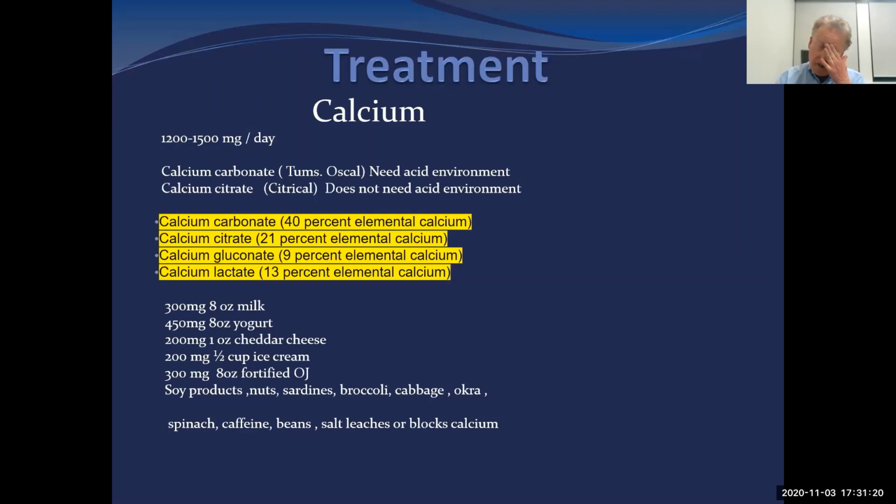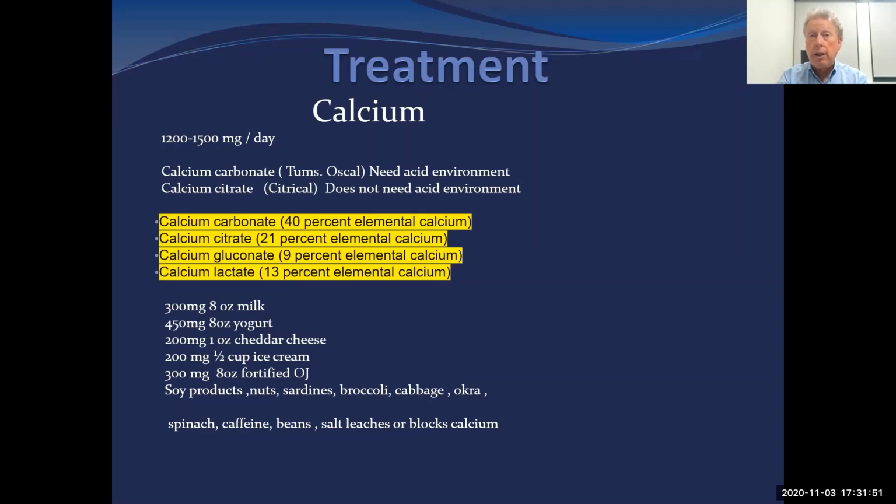To get enough calcium through your diet is not easy. As you see here, just a smattering of things that have calcium in them. Eight ounces of milk gives you 300 milligrams of calcium. Well, you'd have to drink a lot of milk to do that. Yogurt's a little better. Cheddar cheese, you'd have to eat a huge block to be even close. Ice cream is always a good one, but it doesn't have as much calcium as we'd like.